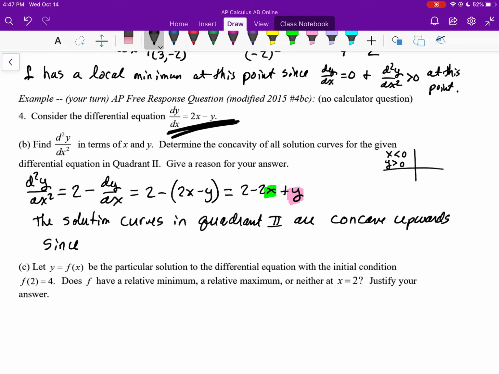Since d squared y/dx squared is greater than 0. Why can we say that this over here is greater than 0? Since x is less than 0 and y is greater than 0 in quadrant 2. That over there is our reason why we can say that it's concave up.